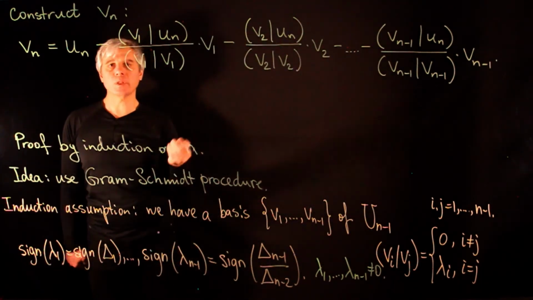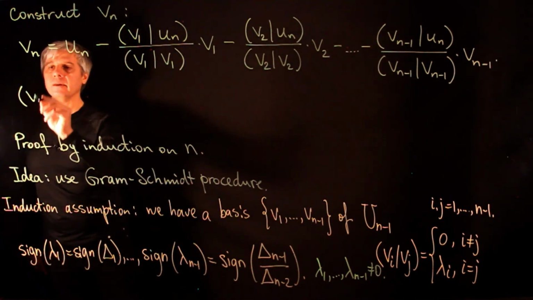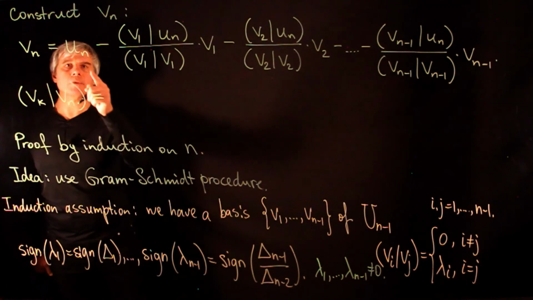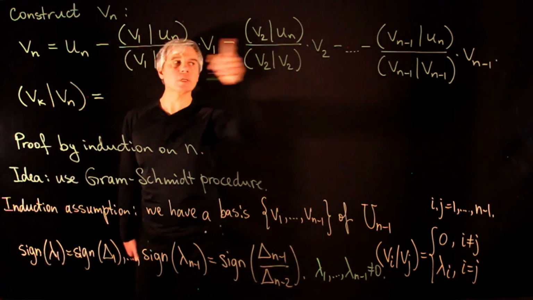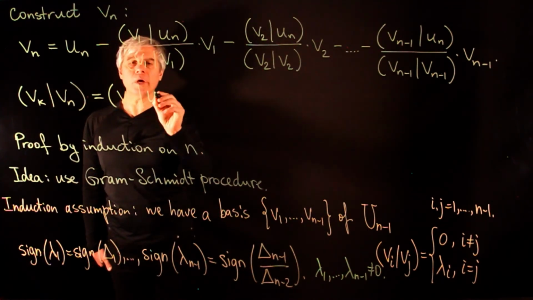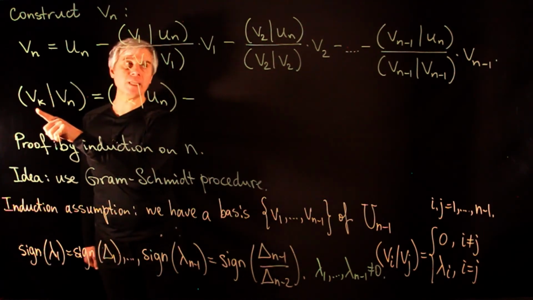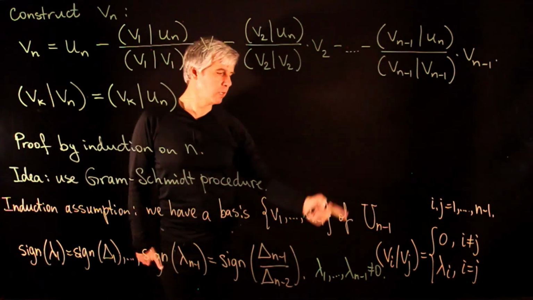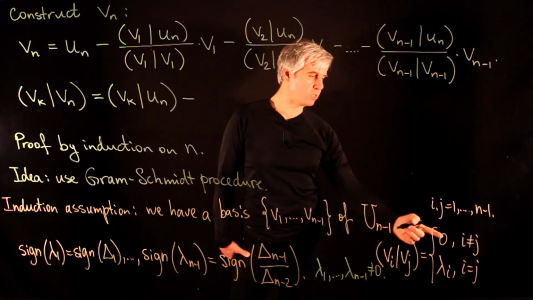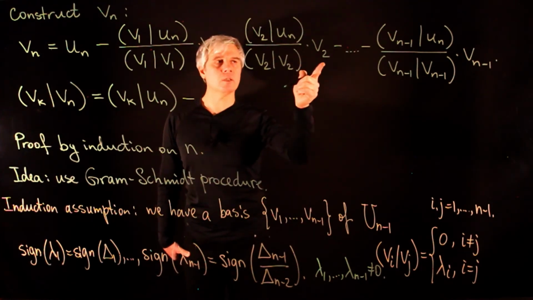Let us check that this will diagonalize the bilinear form. So we need to calculate (Vk, Vn). For Vn, we substitute this long expression, and then we get (Vk, Un). And then when we take the value of the bilinear form of Vk with one of these terms, we get mostly zeros because we have that (Vi, Vj) is equal to 0 when i is different from j. So the only term that we need to take is the term with Vk.